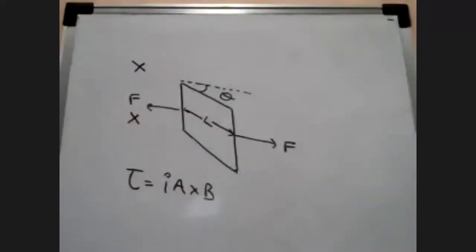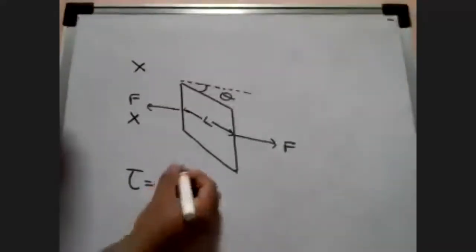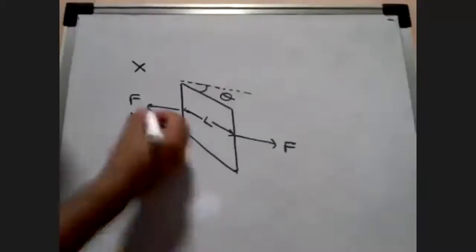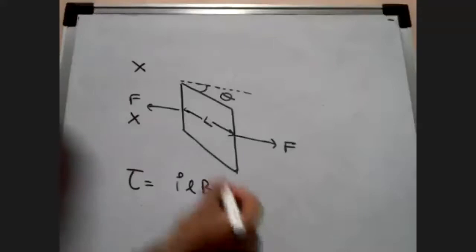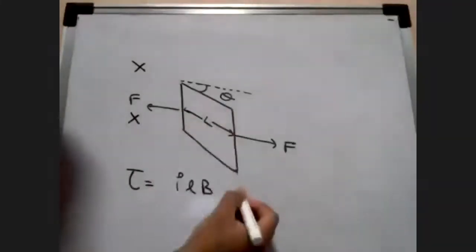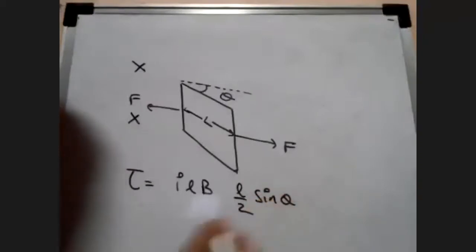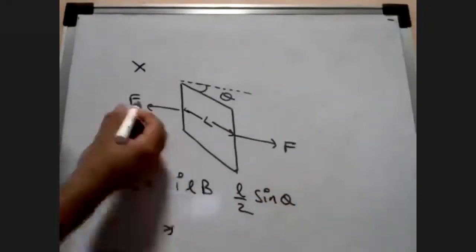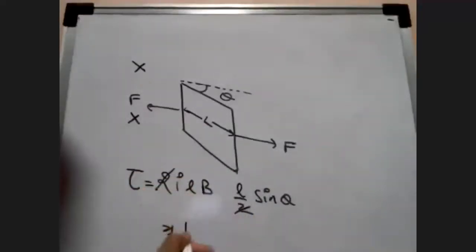If you substitute that value in force into displacement, force is what? ILB, what we had got. And displacement was, of course, perpendicular distance, L by 2 sine theta. So in that case, there are two forces, students. So we'll put 2 over here, and this 2 gets cancelled. We get I L square B sine theta.